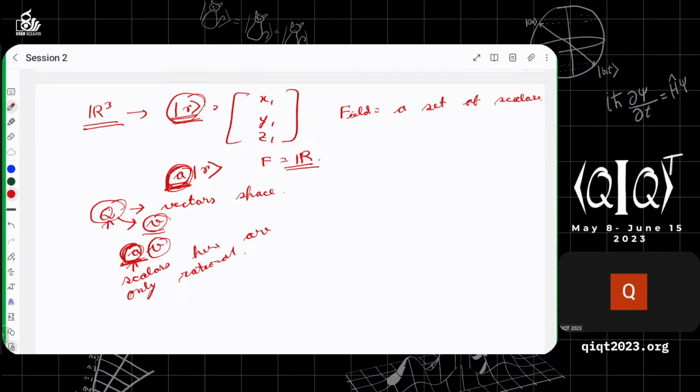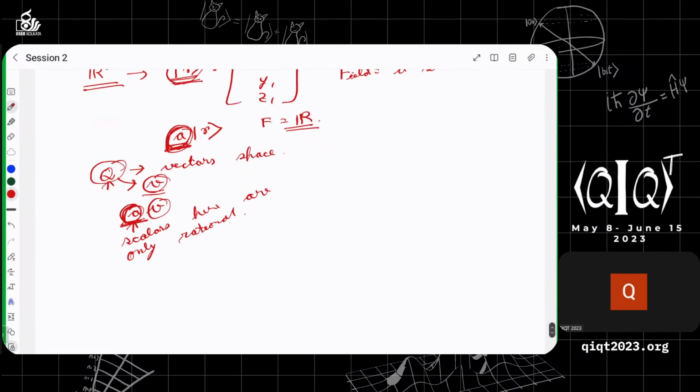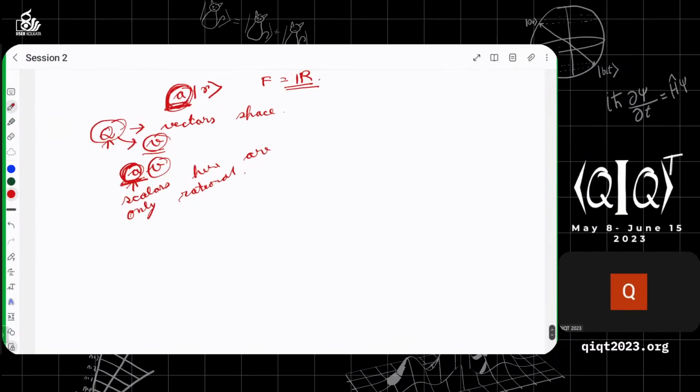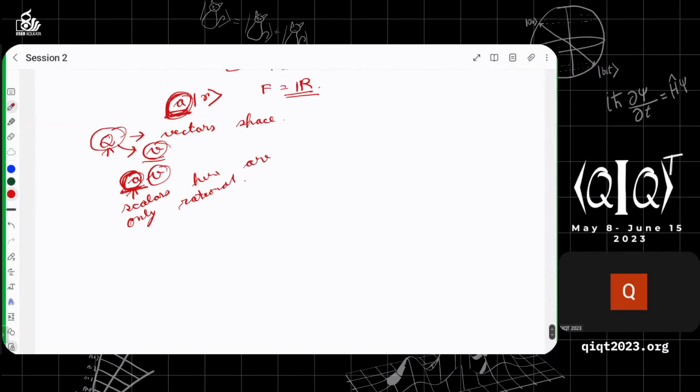So these concepts are mainly abstract. Vector spaces we can motivate physically with, say, the real vector space, but for fields I really don't know. Maybe there is some motivation, or maybe there isn't, we don't know. Okay, any other questions?